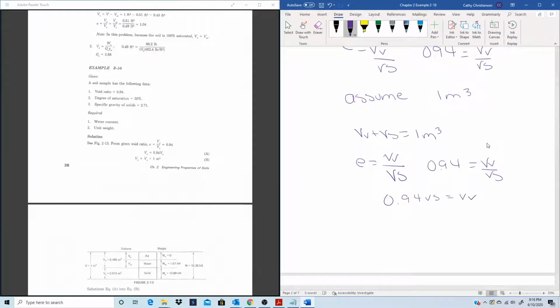So I'm going to take that and plug it back here. That gives me 0.94 VS plus 1 VS equals 1 meter cubed, which gives me 1.94 VS equals 1 meter cubed.